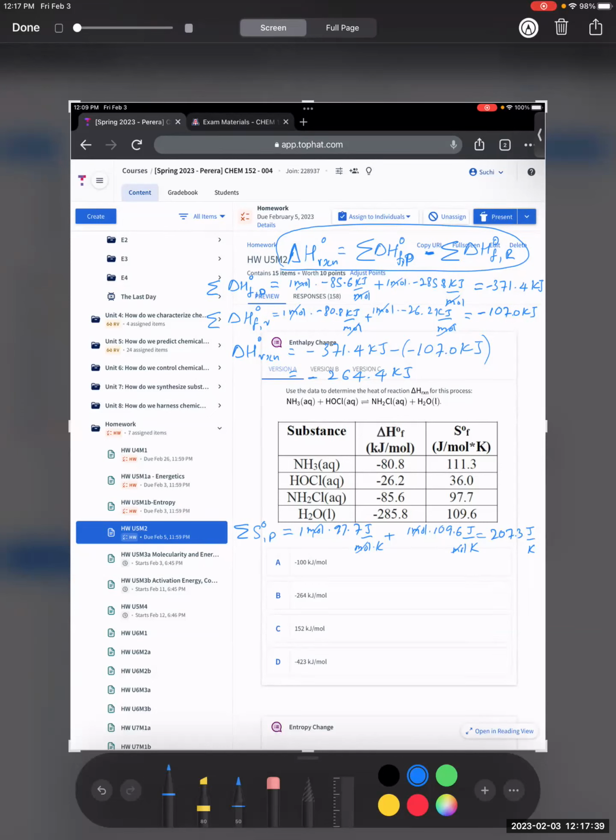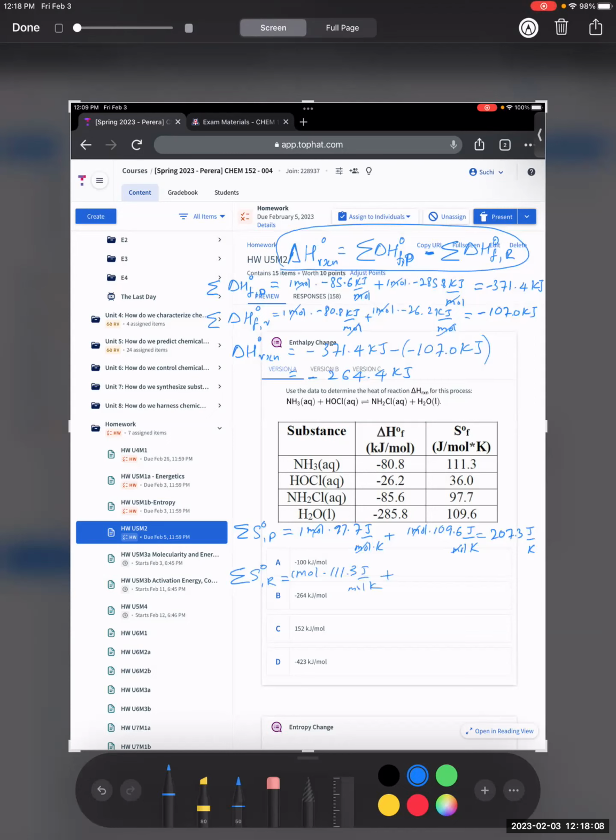Okay, and then we're going to do the same thing for the reactants. We have 1 mole of NH3, which has a molar entropy of 111.3 joules per mole per Kelvin.